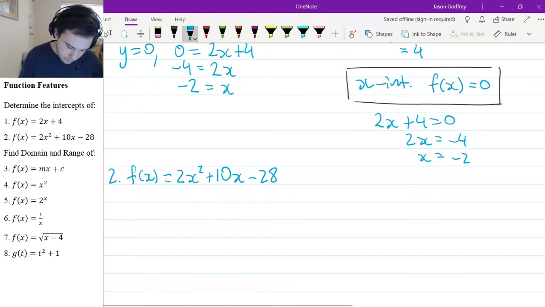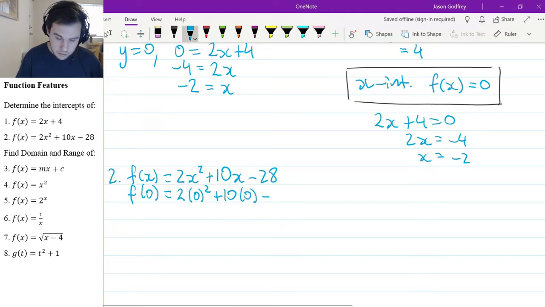So we can find the y-intercept by finding f of 0, inputting 0 into this equation. 2 times 0 squared plus 10 times 0, both of them are going to be 0, and then if we minus 28, we'll get the y-intercept is negative 28.